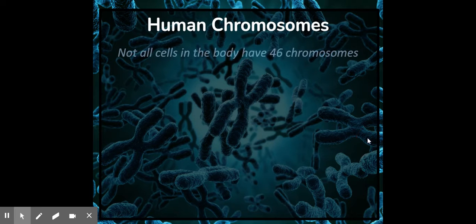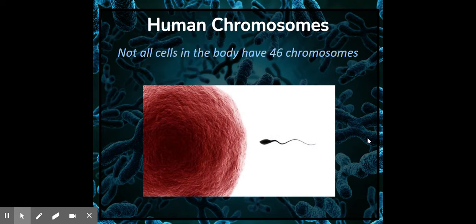Okay? All right, so when we talk about gametes or the sex cells, they do not have 46 chromosomes. They actually have 23. So you have 23 from mom and 23 from dad to create your 46.